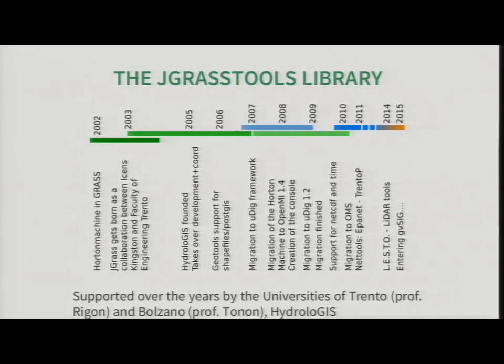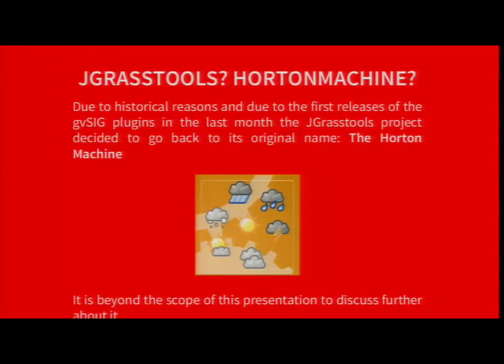And over the years, we tried to be standalone. We then joined the project UDIG. And around 2015, we entered the gvSIG project and started to work on migrating our tools inside gvSIG. So this is the only slide that will very quickly explain why Horton machine. In principle, the project was called Horton machine.